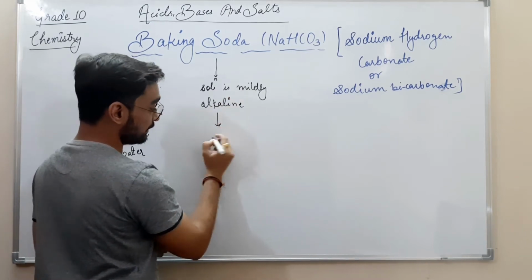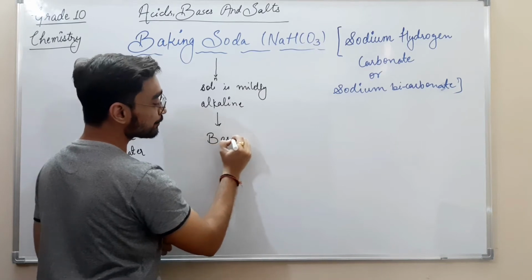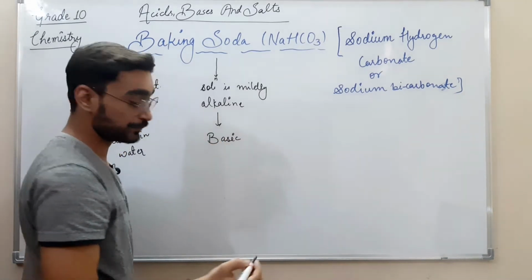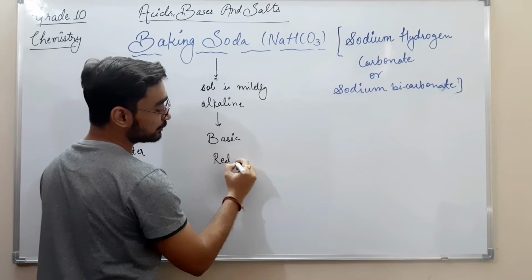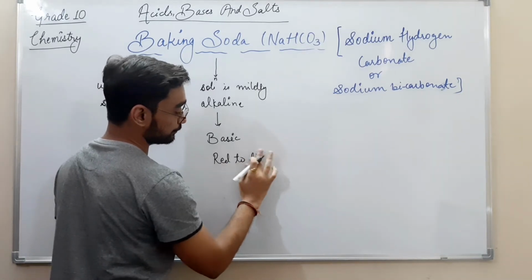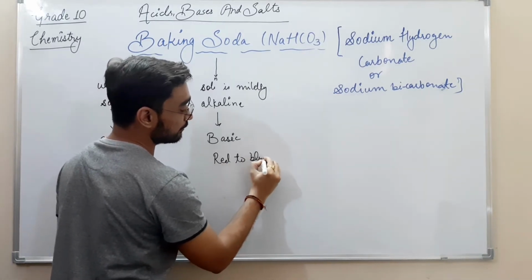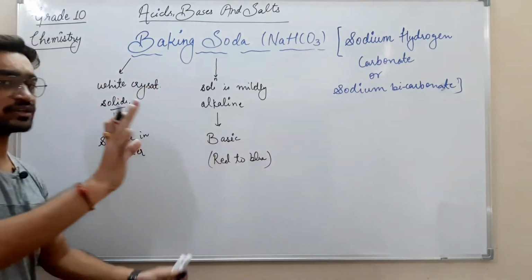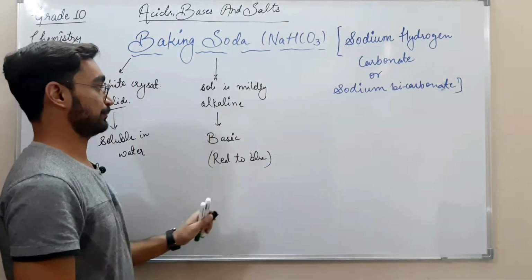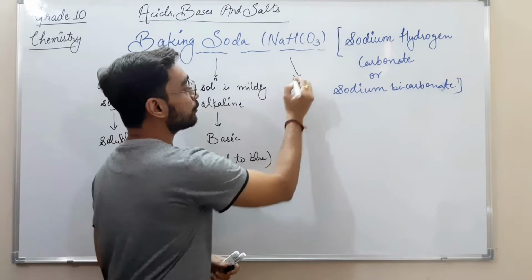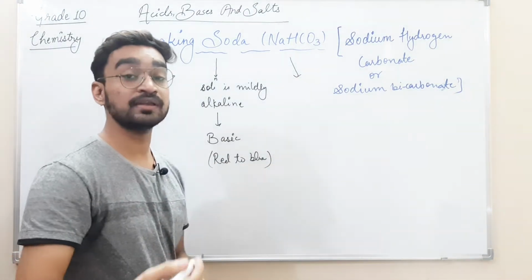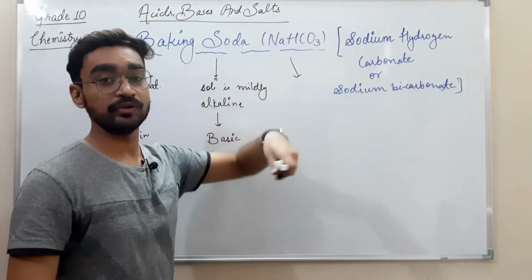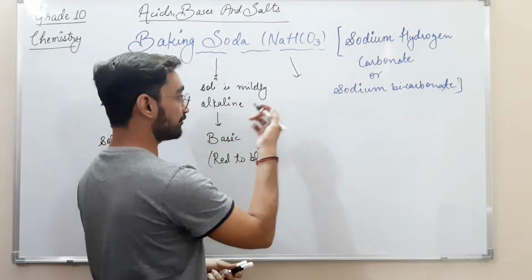Mildly alkaline means it is basic, and it will turn red litmus to blue. So these are the general properties. One more property is what you get when you heat it, which I will tell you after some time.